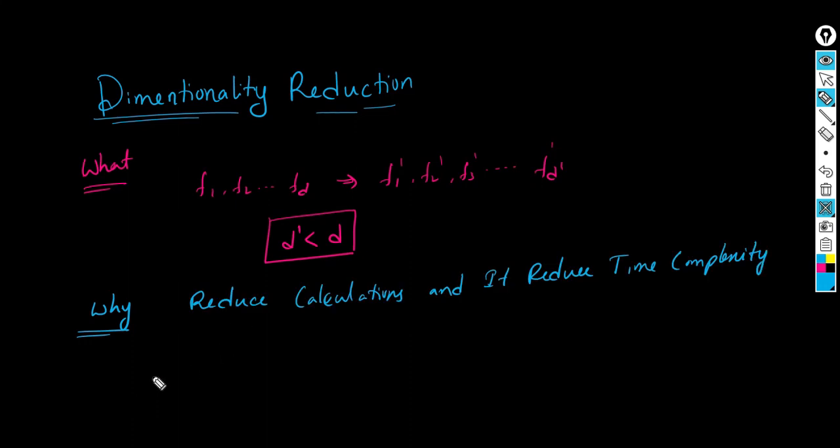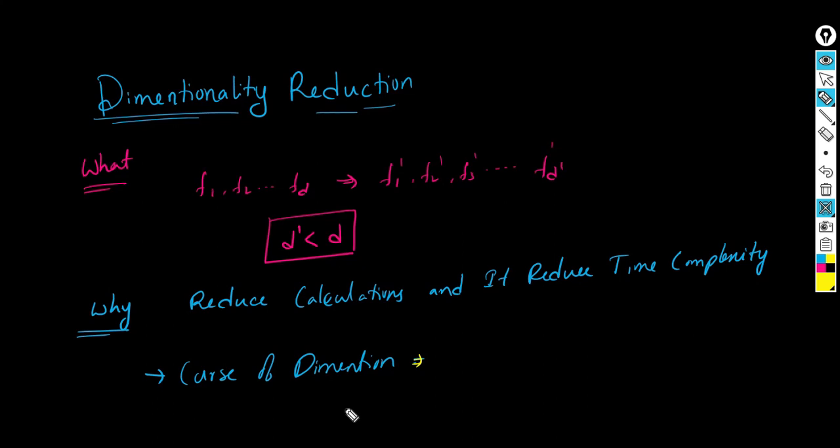The second most important thing is that some algorithms are distance based algorithms. When the dimensionality increases, we are going to get the problem of the curse of dimensionality. We are going to face this problem in KNN and logistic regression only when we are using the distance based approaches.